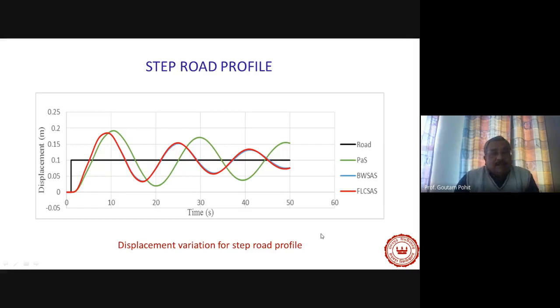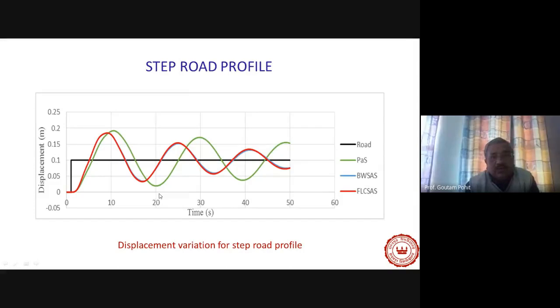Then, since our model is more or less validated, we try to compare all the 4 types of damper for a step road input. So we have given a step road input here. This is the step road input, and this is the response of the passive damper.